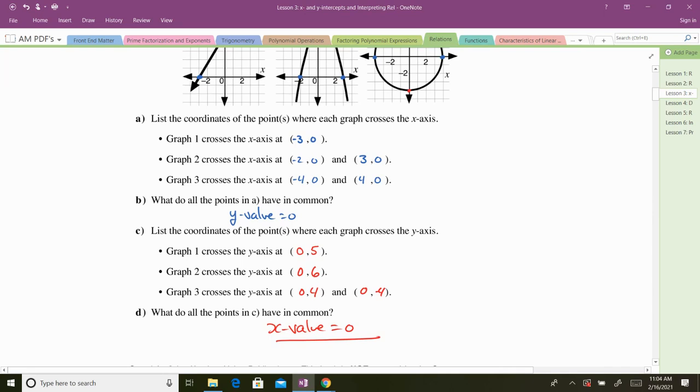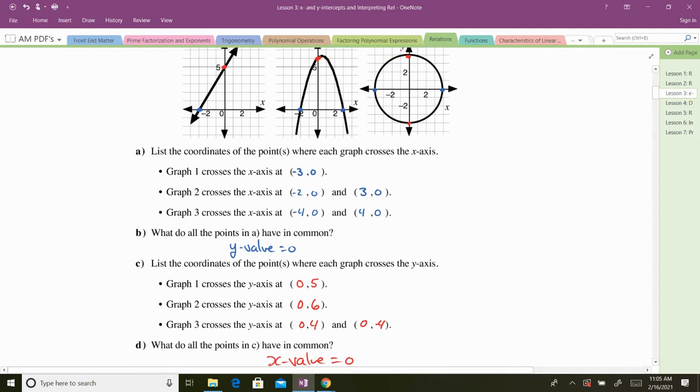Okay. So if I ask for the point where it crosses the x-axis, i.e. the x-intercept, okay, when I say x-intercept, it's where it crosses the x-axis. What is the y value at that point?